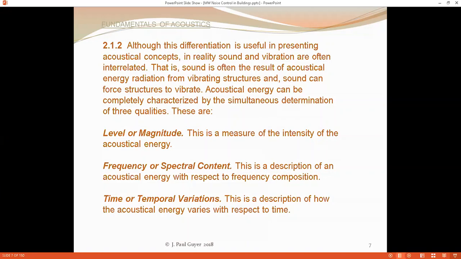Some of them have a high magnitude, some a small magnitude. Some of them have a high frequency of oscillation, others a low frequency of oscillation. And it's this spectral content, this characteristic, that allows us to do things like speak and sing and so forth, and listen to music.